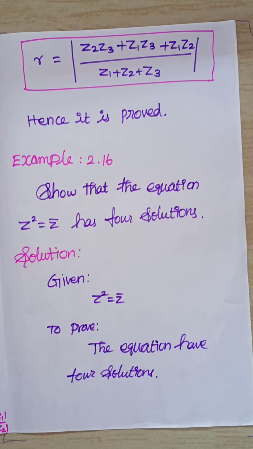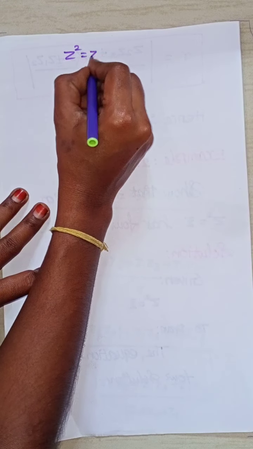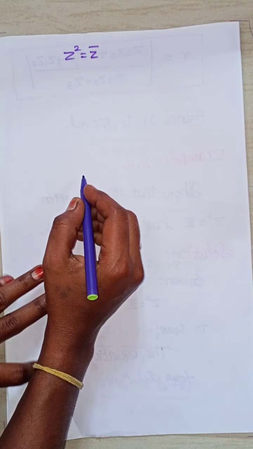The given equation is z squared is equal to z bar.